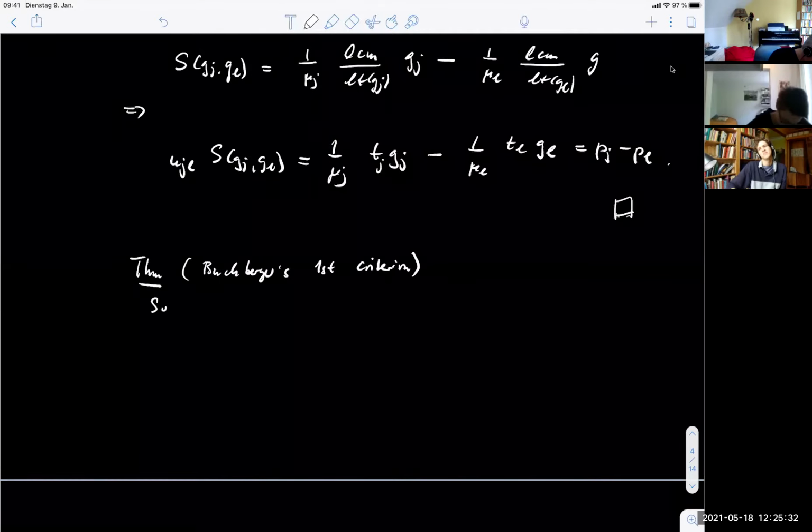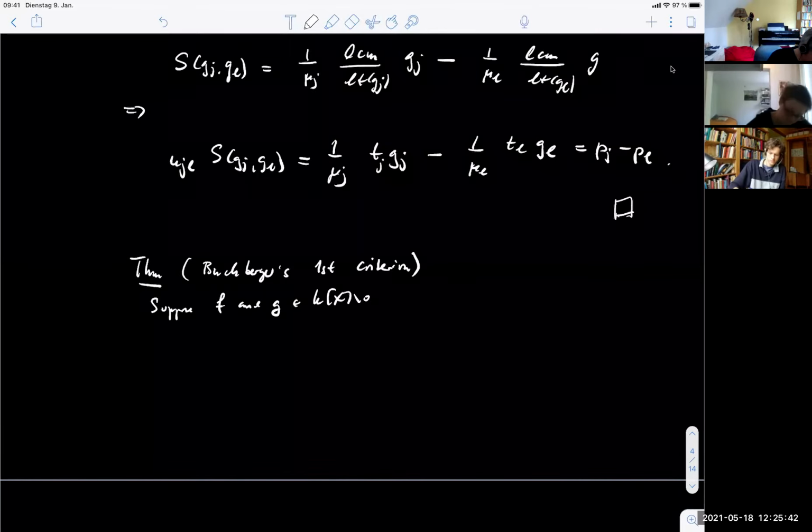Suppose F and G are polynomials, of course in many variables, with coprime leading terms.